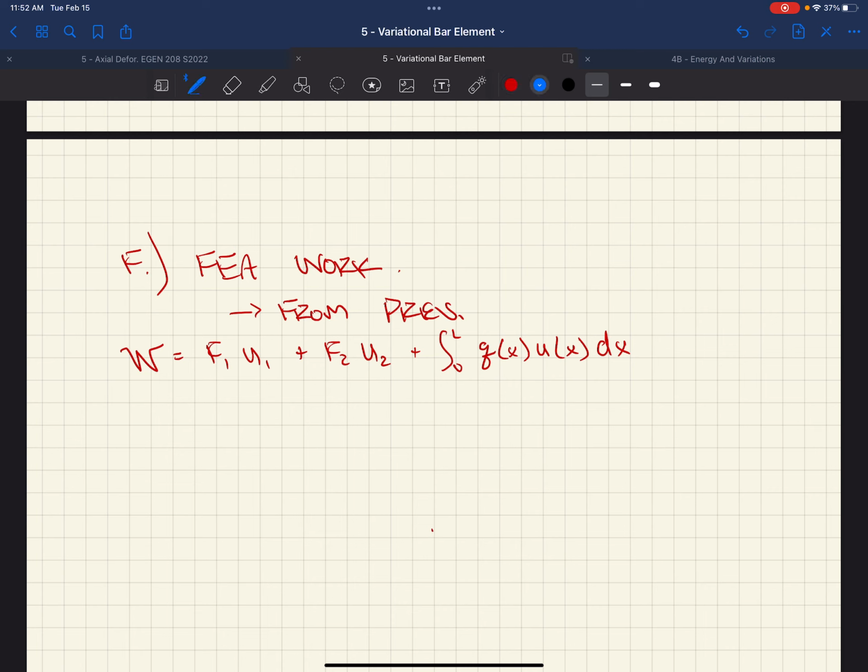And so what are we going to do? Where we have displacements, we know that those displacements are really equal to our shape functions. U sub x is really N d, or d transpose N transpose, which I'll show you, there's a reason why this all works out.